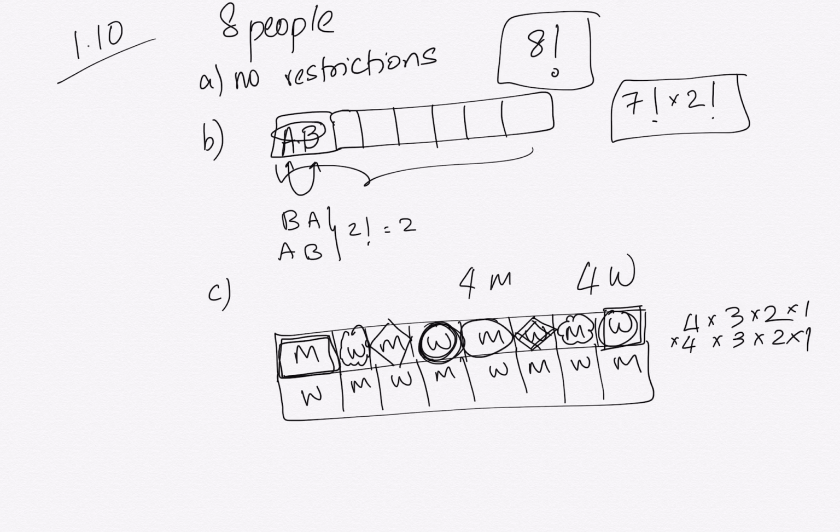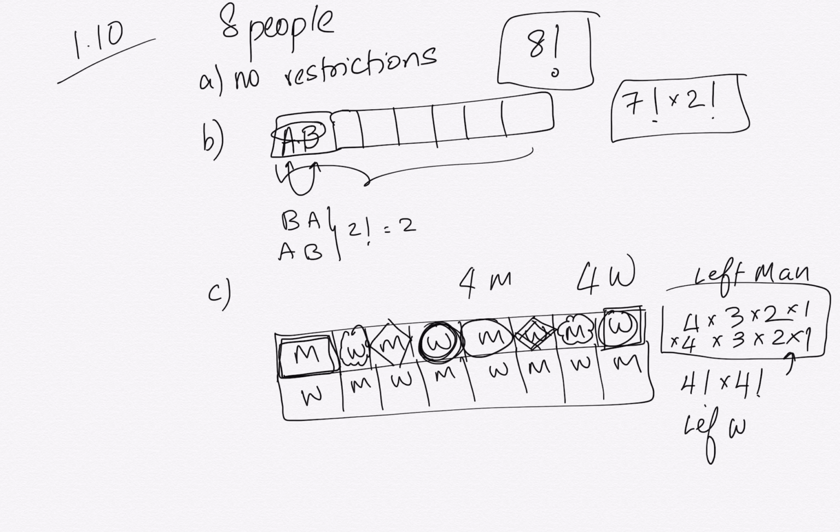Okay? So that is the number possible if the leftmost person is a man. Same argument, it's symmetric. You would have, once again, 4 factorial times 4 factorial, if the leftmost person is a woman. Okay, so the leftmost person can be a man, or the leftmost person can be a woman.